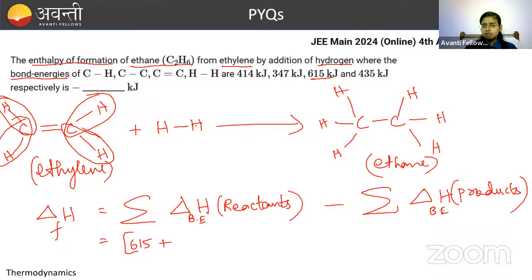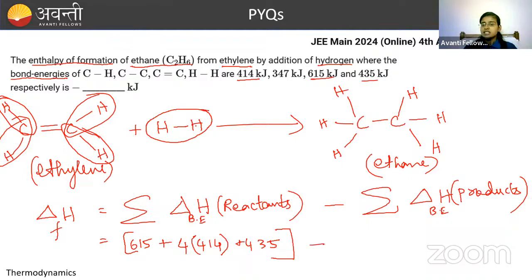Carbon-hydrogen bond energy is 414, and we have 4 CH bonds, so it is 4 into 414. Then we also have one hydrogen-hydrogen bond and its value is 435, plus 435. So this is the summation of bond energies of the reactants.